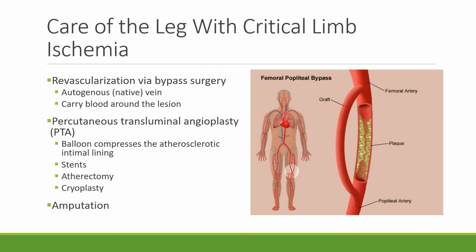Care of the leg with critical limb ischemia is revascularization via bypass surgery using an autogenous native vein. An alternative is percutaneous transluminal angioplasty, or PTA.